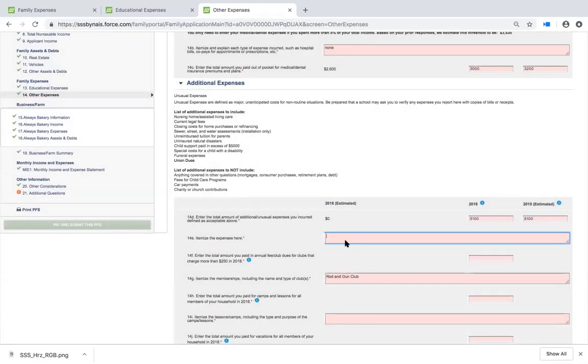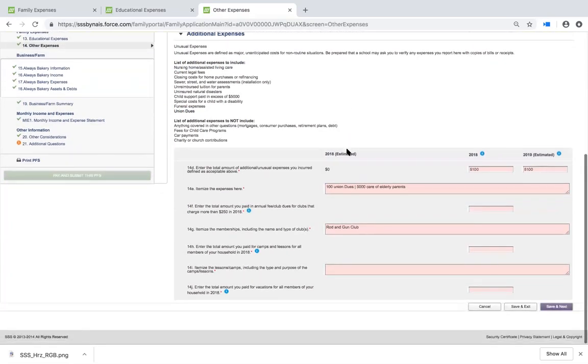And to itemize that down below, it's $100 for union dues, and $5,000 for care of elderly parents. Because nursing home and union dues are both acceptable expenses.